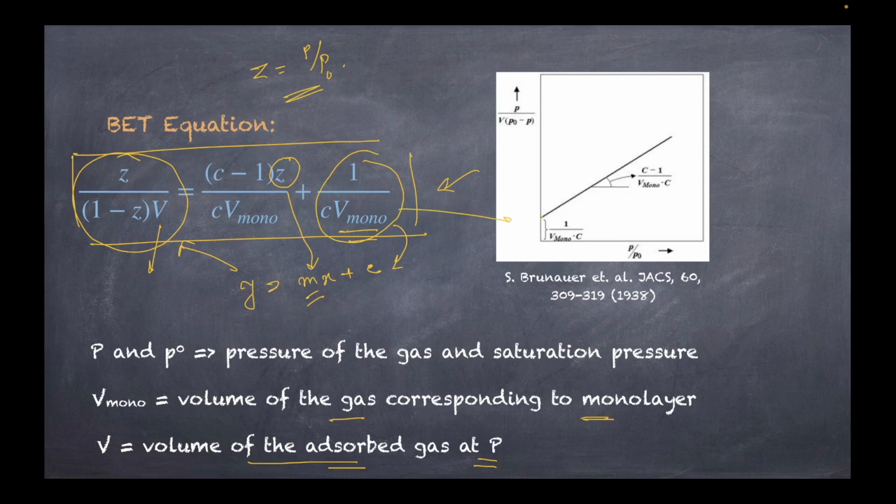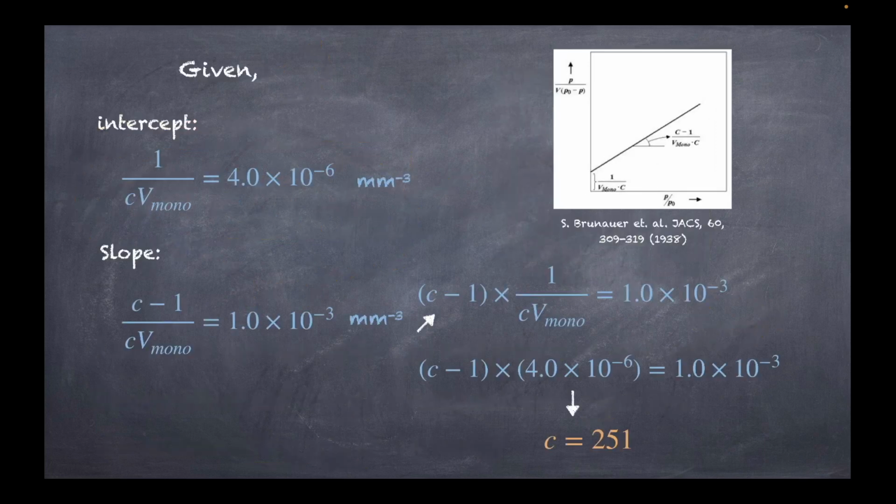In the question we have to find the volume of the monolayer coverage, that means we have to find the V mono value. Okay, let's find this. It is given that the intercept, 1 divided by C times V mono, equals 4.0 times 10 to the power minus 6 mm^-3.